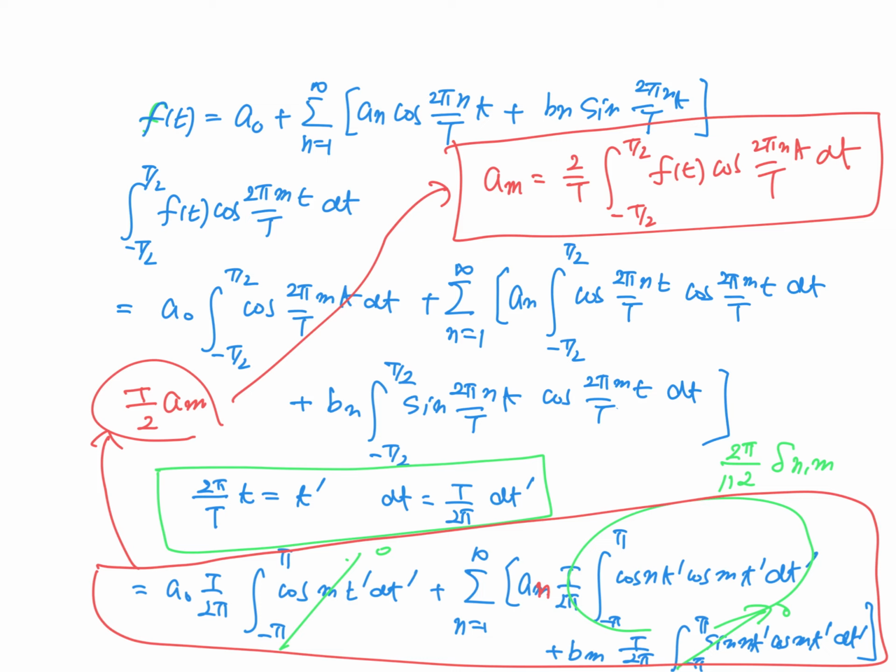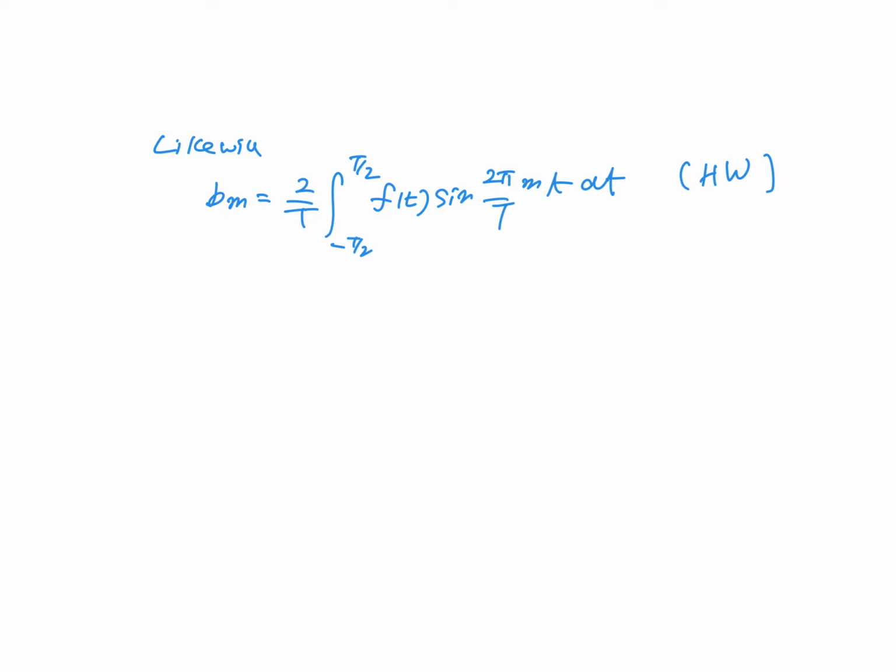And likewise, bn is 2 over T, integral from minus T over 2 to T over 2 of f(t) sine 2 pi m t over T dt. And you can do the same as for an, and I'm going to ask you as homework to do it at home to show that.